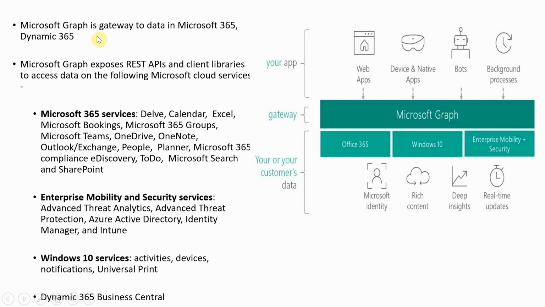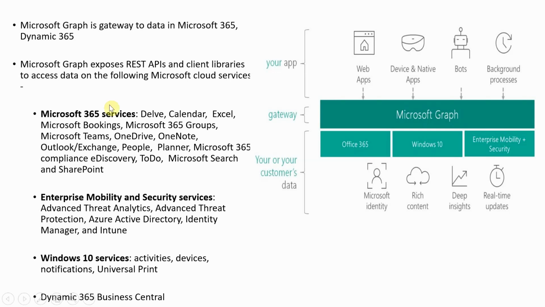Microsoft Graph is a gateway to data in Microsoft 365. It also allows us to access data from Dynamics 365 Business Central. There are REST APIs and, as we saw, client SDKs and client libraries available to access data from any Microsoft 365 services: Delve, Calendar, Bookings, Groups, Teams, OneDrive, OneNote, People, Planner, and all the other services under Microsoft 365.